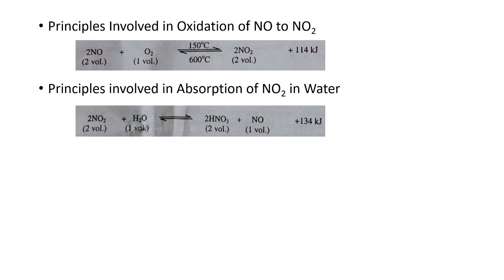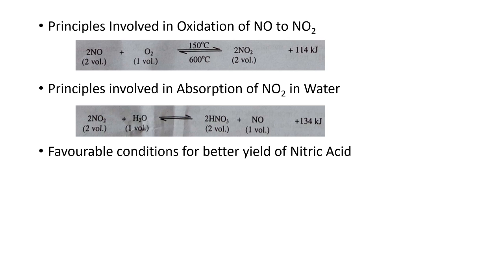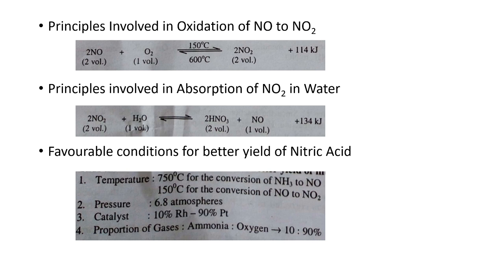After discussion of the physico-chemical principles of all three steps, we have come to the conclusion about what the favorable conditions are for better yield of nitric acid. And the favorable conditions are like this: the temperature requirement is 750 degrees Celsius for the first step, that is oxidation of ammonia to NO.